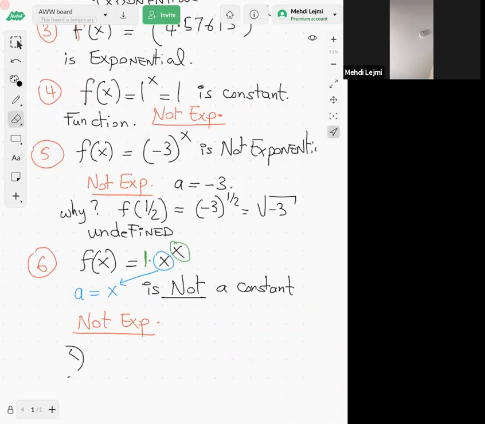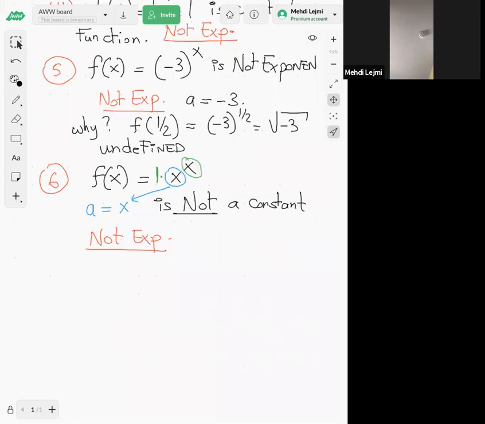All right, guys. However, let me just say there is a very special exponential function when the constant a is equal to some number called the number e.